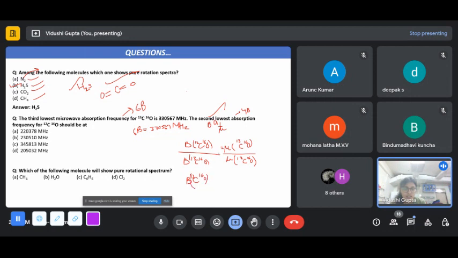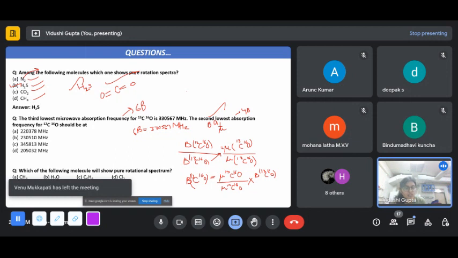Just multiply this here, so it will be B of 13 carbon 16 oxygen divided by mu of 12 carbon 16O multiplied by mu of 13 carbon 16O.